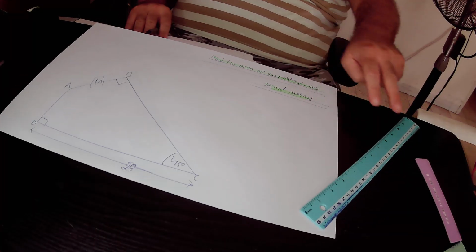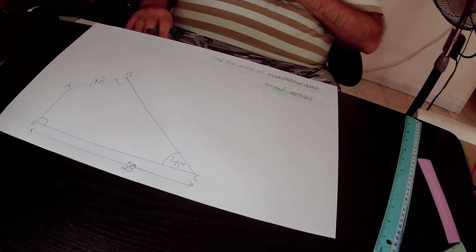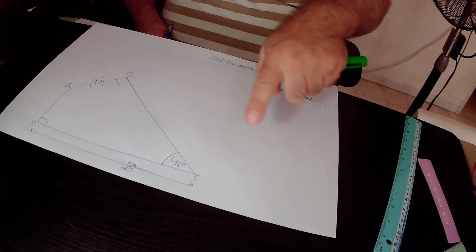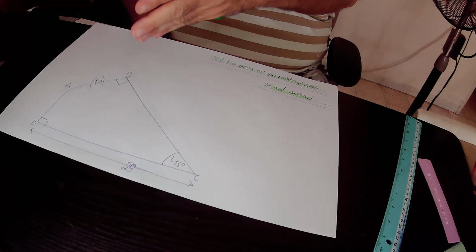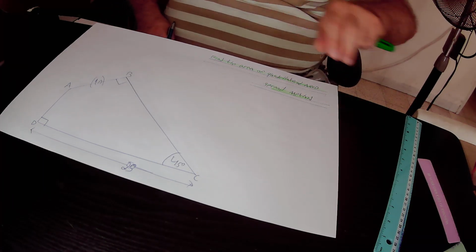In the second method, we will do a construction, that is to say, we'll extend side DA and side CB of this quadrilateral ABCD until they touch each other.